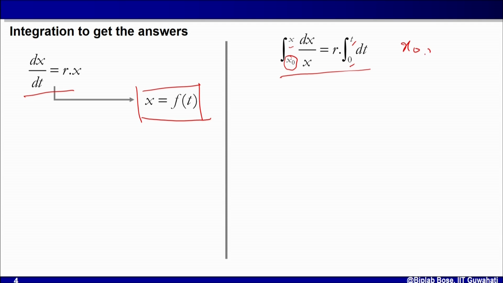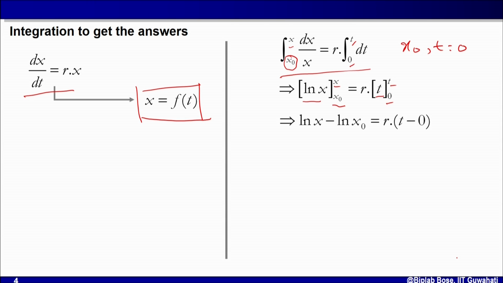Using the simple formula of integration, dx/x gives me ln x, whereas the integration of dt gives me t. I am integrating from x naught to x and t from 0 to t. If I simplify, I get ln x minus ln x naught is equal to r times t minus 0, that is equivalent to t.